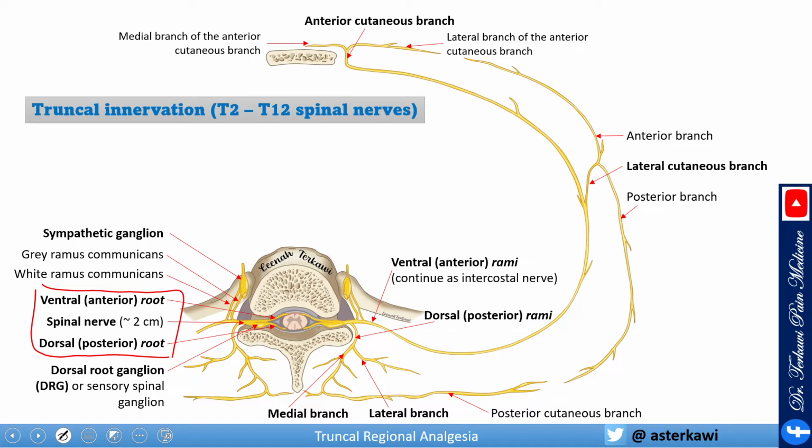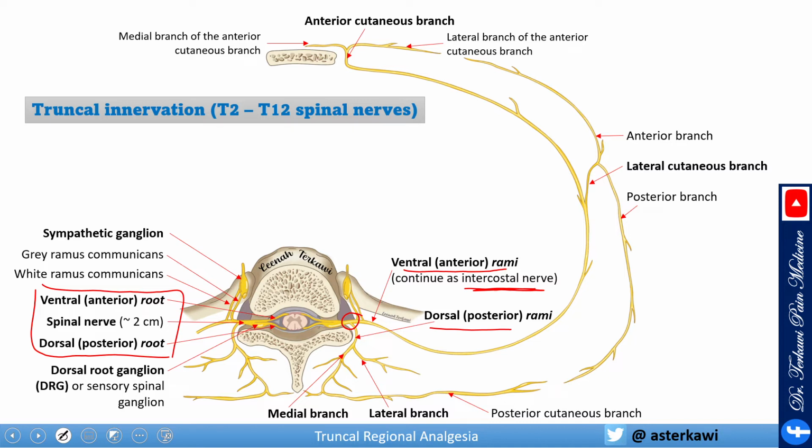The spinal nerve is really a small nerve, and very quickly it bifurcates to the ventral, which in our case here is the intercostal nerve, and dorsal, and the dorsal gives you the medial and lateral branch. The lateral branch continues as posterior cutaneous.